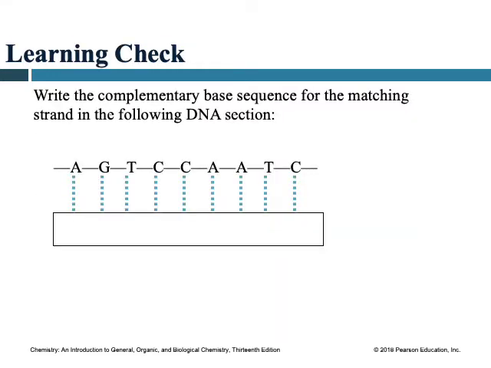So now let's find the complementary base sequence of the matching strand in the following DNA sequence. So what does it mean? We know DNA is a double helical structure, but right now we are not making a double helical structure.